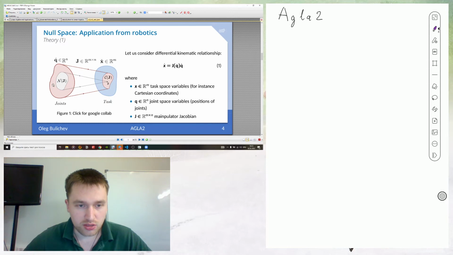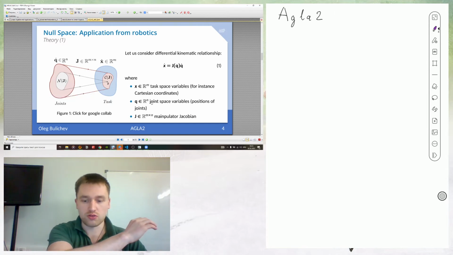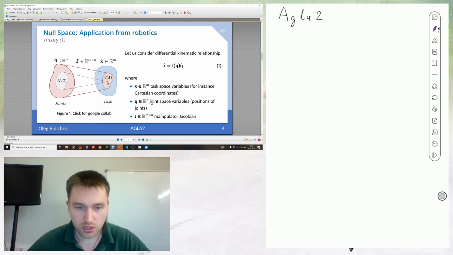So in this case, as I told you, we have joints and we have tasks. In terms of task space, it's Cartesian coordinates, for instance. Joint space is about manipulator angles. We have revolute joints, and they will be our joint space variables. Jacobian, I don't know, have you studied it in mathematical analysis?